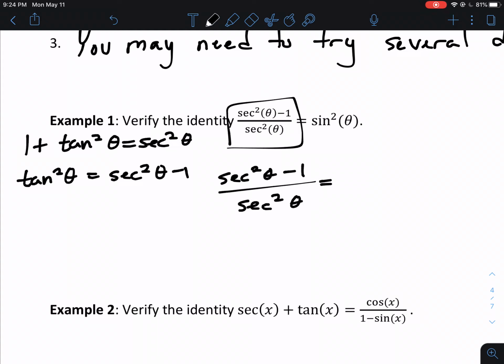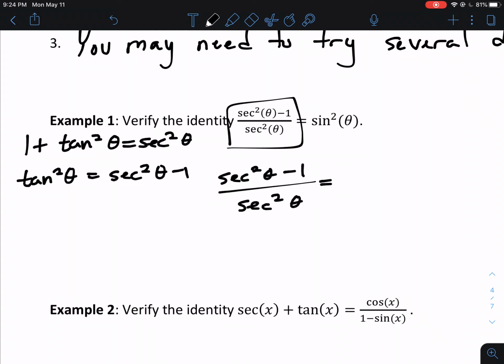So let's try number 2 from above, and change everything to sines and cosines. Remember that tangent squared theta is the same as sine squared theta divided by cosine squared theta, divided by secant squared theta, which is 1 divided by cosine squared theta.